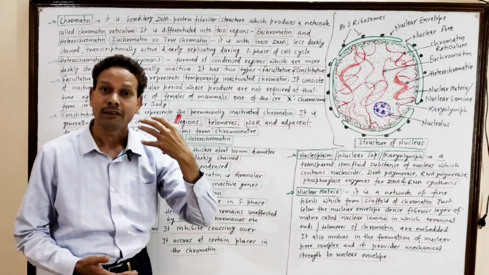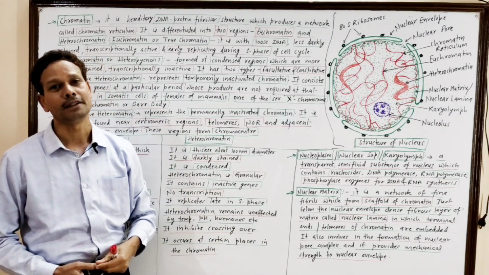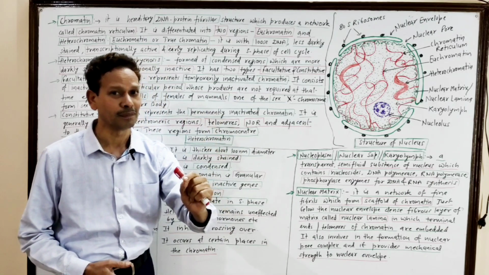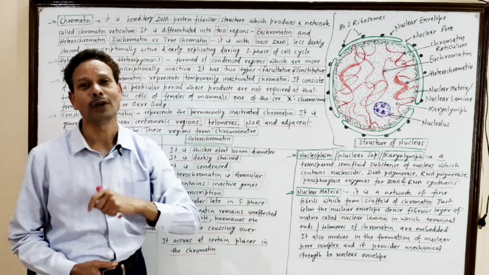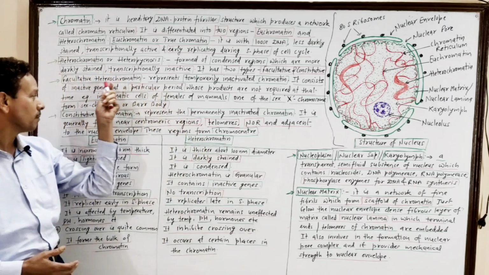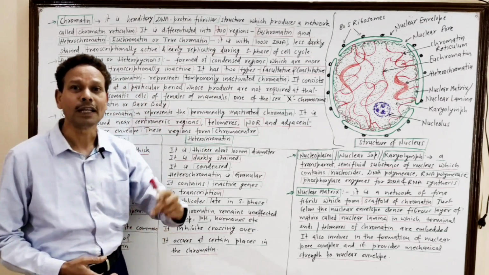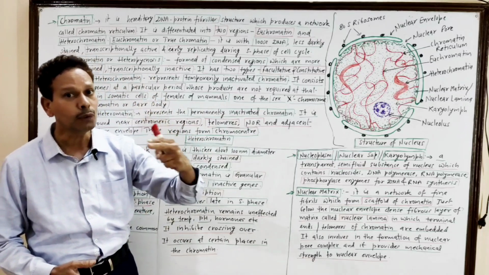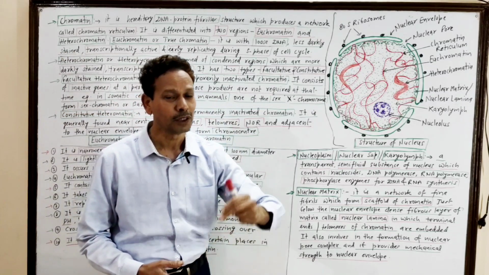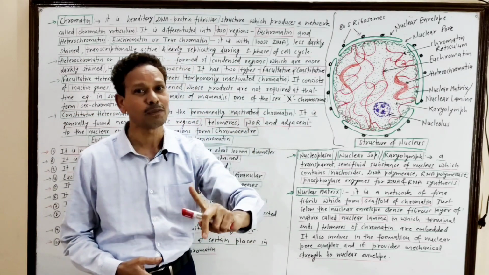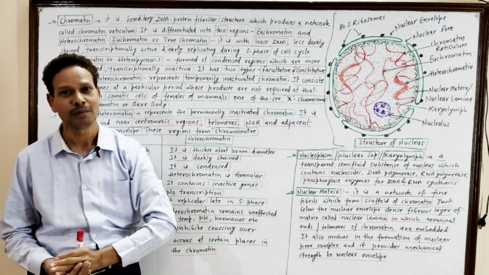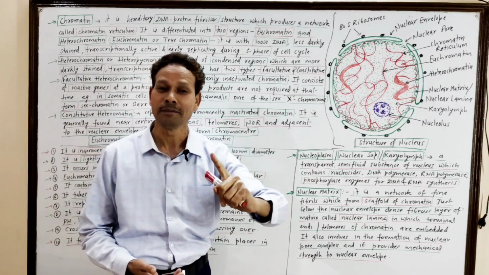That is facultative heterochromatin. And that inactive X chromosome represents the sex chromatin or bar body. If a female has two X chromosomes, one becomes inactive, meaning one bar body.